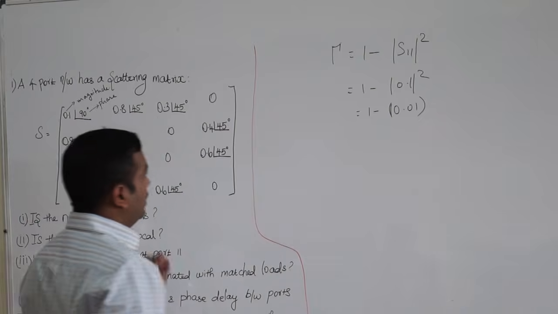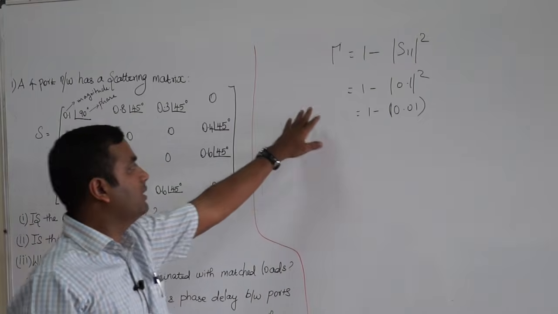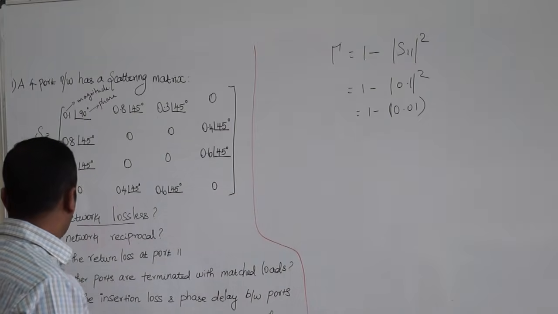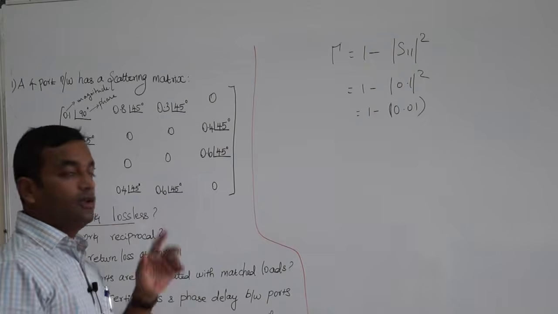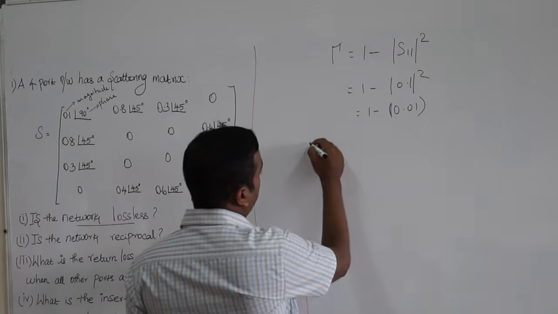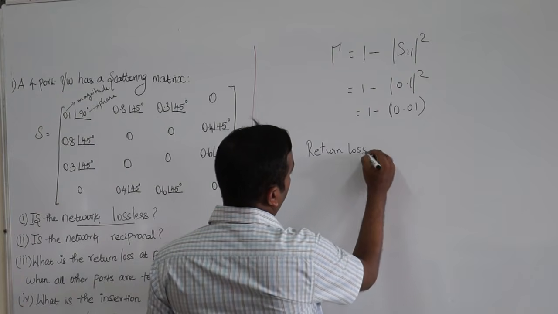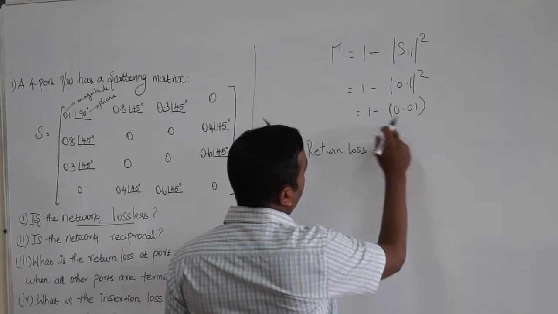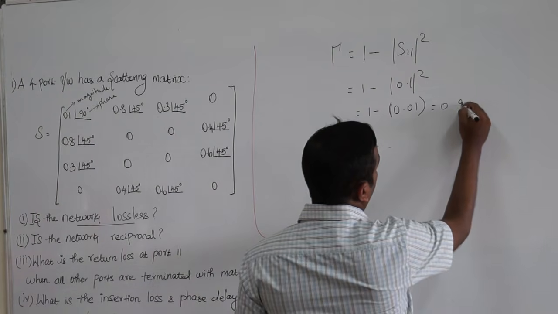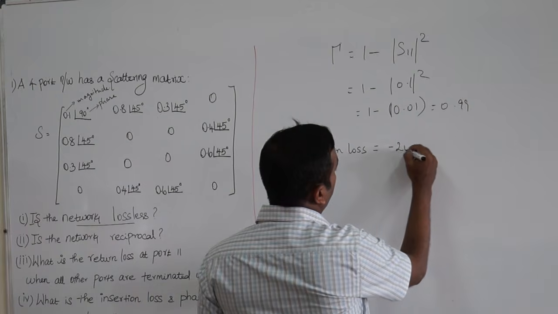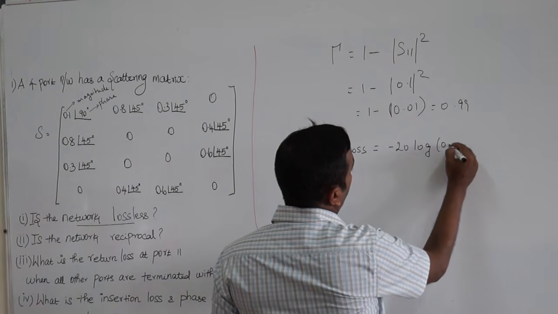It is not enough if we find the reflection coefficient, we will also have to find out the return loss. So if you take this, it is nothing but 0.99. So minus 20 log of 0.99.